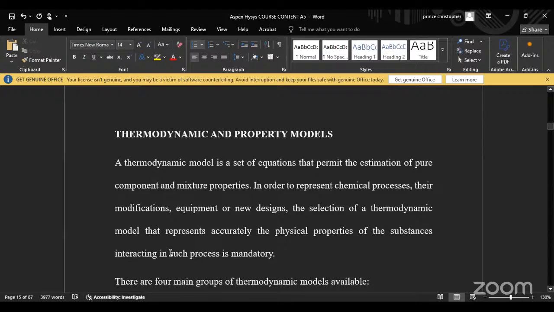If you use a thermodynamic model that is supposed to be used for heavy hydrocarbon for light hydrocarbon, you are not going to get an accurate result.